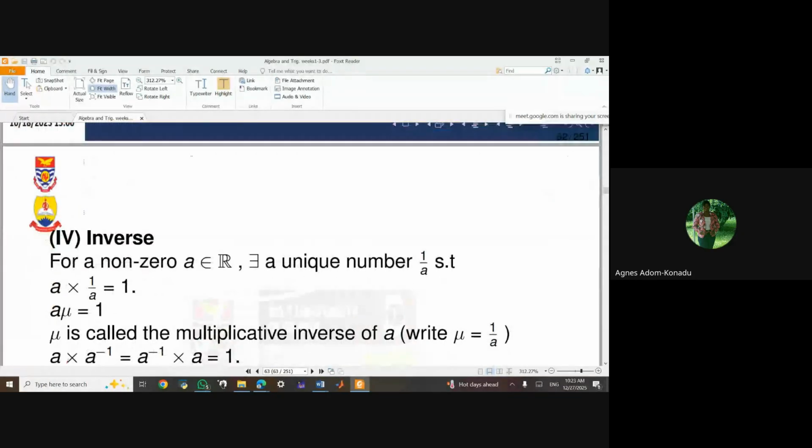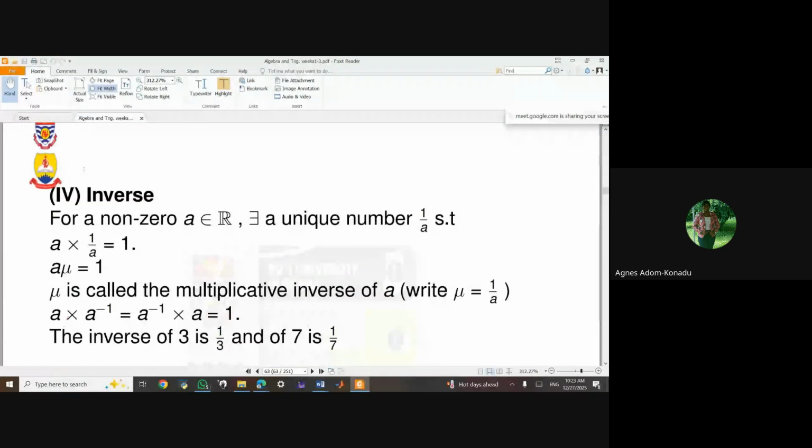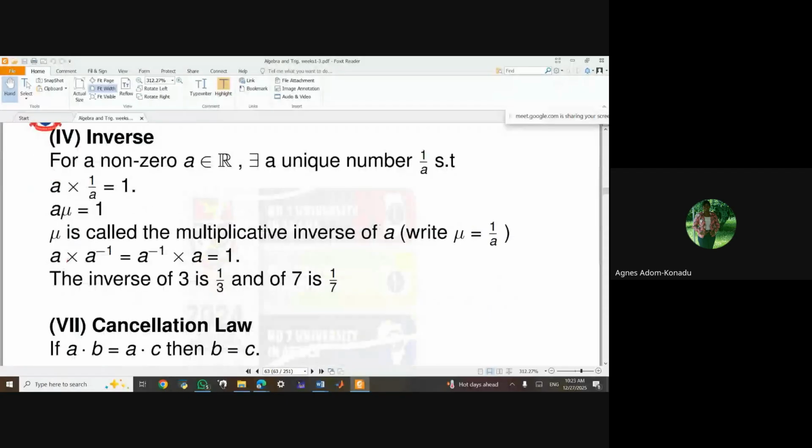So for a non-zero number a in R, there exists a unique number 1 over a such that a times 1 over a should give me 1. So a u is equal to 1. It means that u is the multiplicative inverse of a, and we write u as 1 over a, or you write it as a to the power -1.